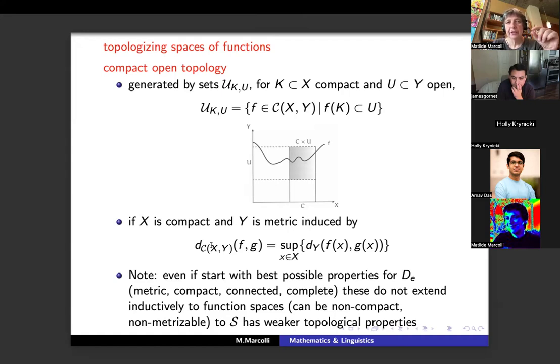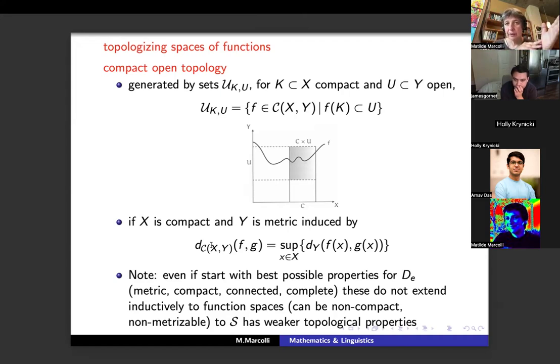And this is generated, again, by giving a basis for the topology, a class of generating open sets. These generating open sets are parameterized by the choice of a compact subset in the source and an open subset in the target. That's why it's called the compact-open topology.